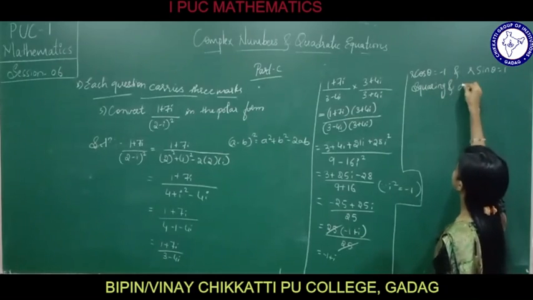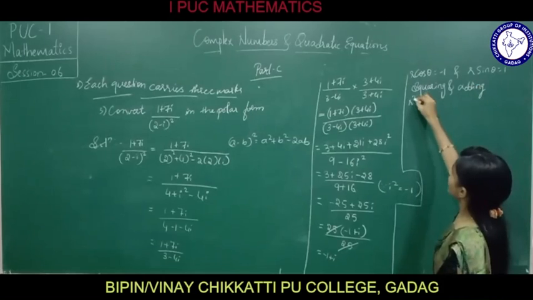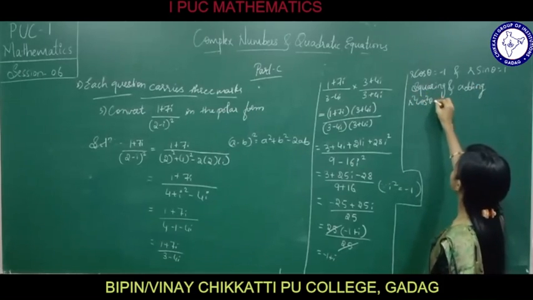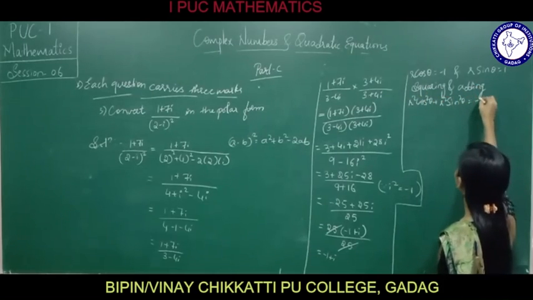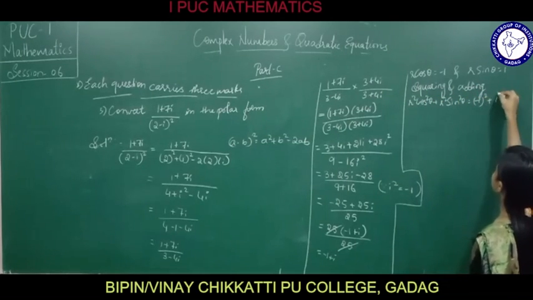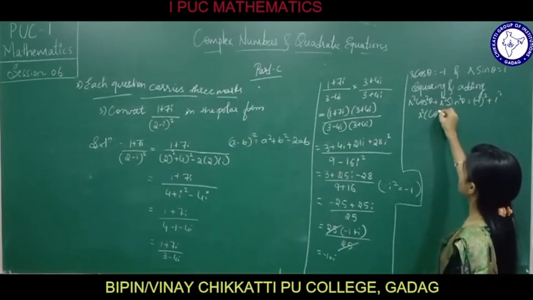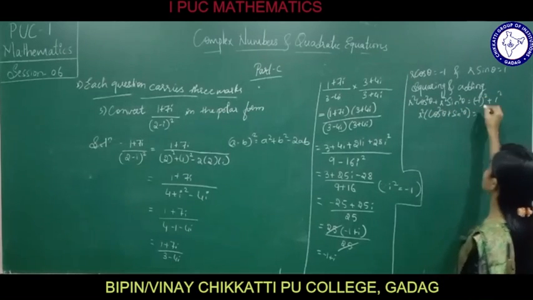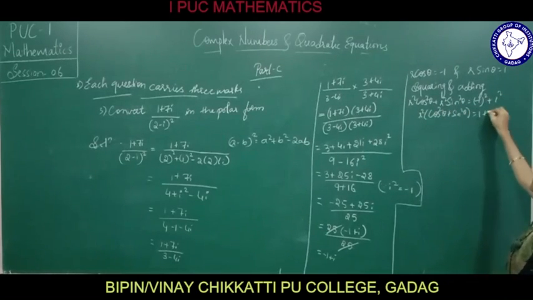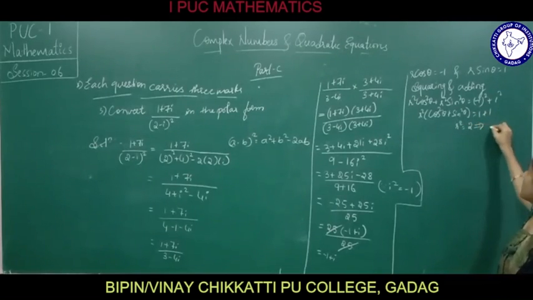What we are going to get? r square cos square theta plus r square sin square theta is equal to minus 1 square plus 1 square. Taking out r square common, cos square theta plus sin square theta is 1. 1 square is 1 plus 1, therefore r square is equal to 2. This implies r is equal to root 2.